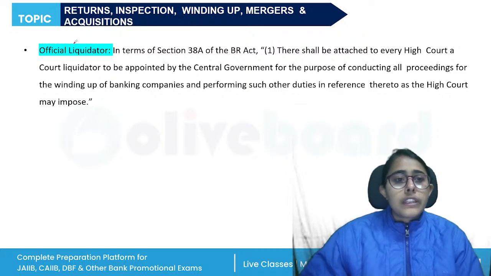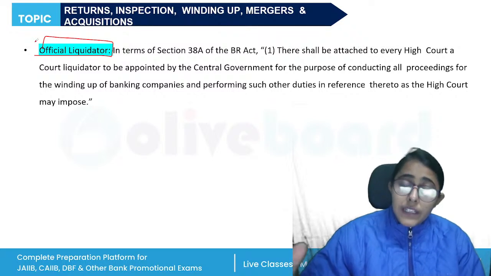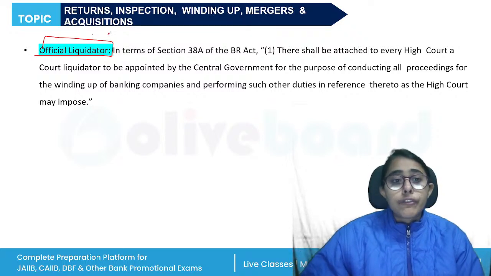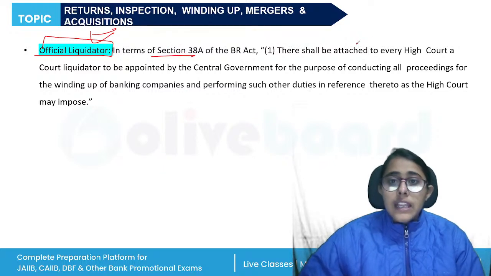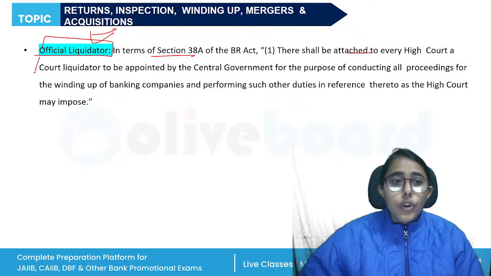If we talk about the official liquidator, we know that the decision of the dissolution is given by the High Court, but at the High Court there should be an official liquidator. This is given under Section 38A of the Banking Regulation Act, that there shall be attached to every High Court a court liquidator, who is to be appointed by whom?